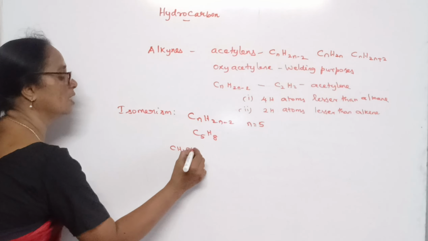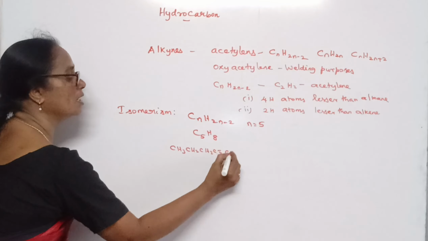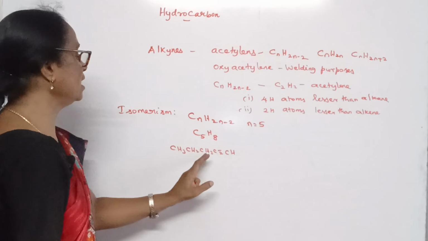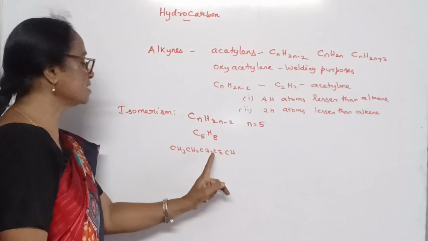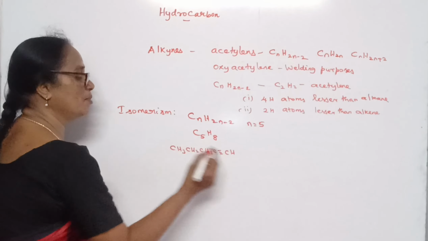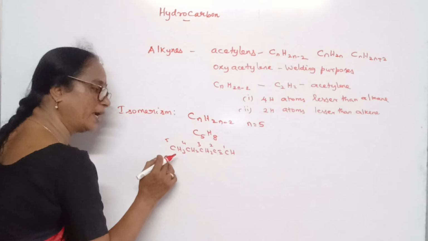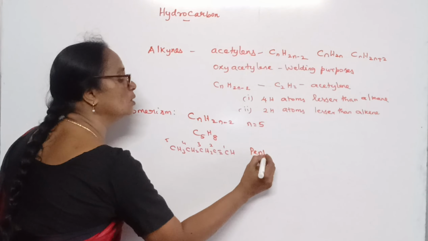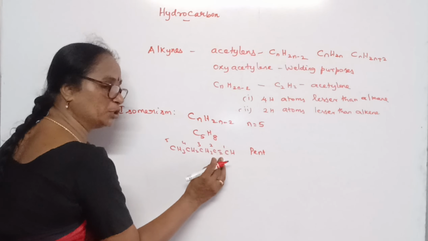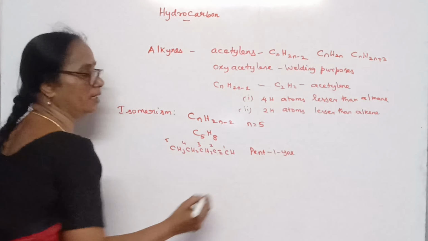So we can have CH3CH2CH2C≡CH. So we have C5, H 3, 5, 7, 8. So C5H8 we got. What about its name? 1, 2, 3, 4, 5. So it has 5 carbons, so its root term is pent and the position of the triple bond is 1. So we can write this is pent-1-yne.